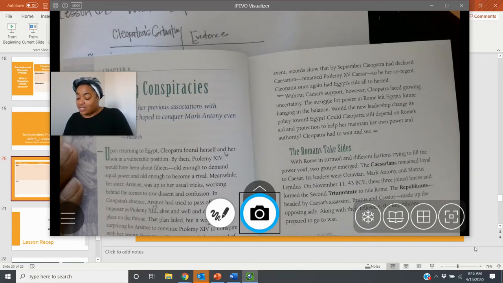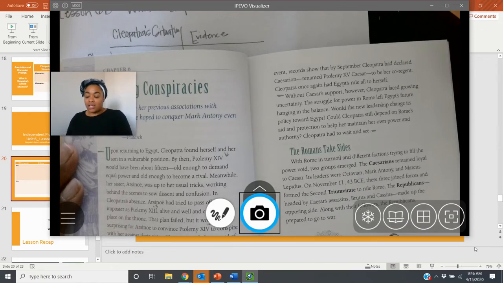In Cleopatra's absence, Arsinoe had tried to pass off an impostor of Ptolemy XIII, alive and well, who was claiming his place on the throne. Their plan failed, but it would not be surprising for Arsinoe to convince Ptolemy XIV to conspire with her against their sister. Cleopatra needed to get rid of the young king.